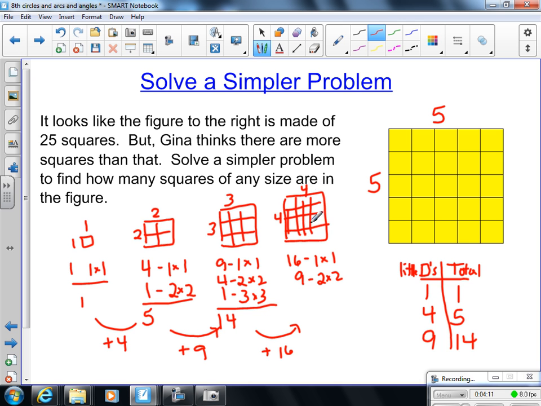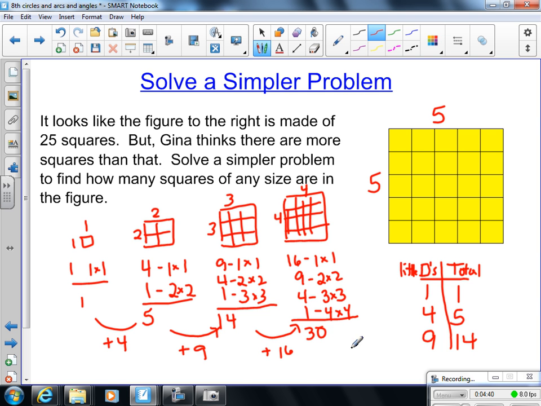What about 3 by 3s? Okay, can you see we're going to have 4 of them? And then 1 4 by 4. For a total of how many? Well, 16 plus 4 is 20, plus 10 more gives you 30. Now, is 14 plus 16 30?